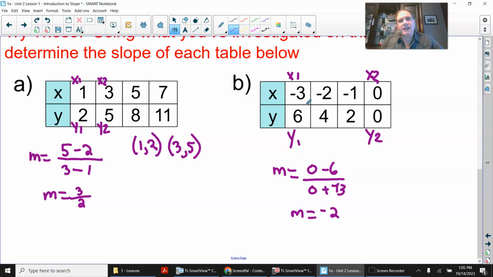In this case, we had all negatives on the x up until 0. So we had x2 and y2 as 0, 0, and I put 0 minus 6. 0 minus 6 is the y2 minus y1, and the x2 minus x1 is 0 minus a -3, which became 3. I put it right in the calculator, you get -2 as your slope.